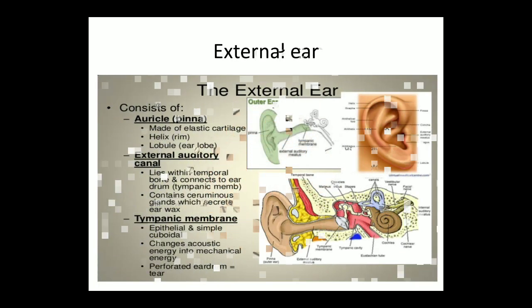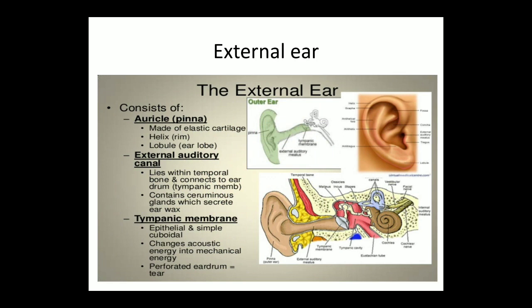Now we are going to discuss the external auditory canal. So let's study its length. It is approximately 2.5 centimeter in length and it extends from the bottom of the concha to the eardrum.